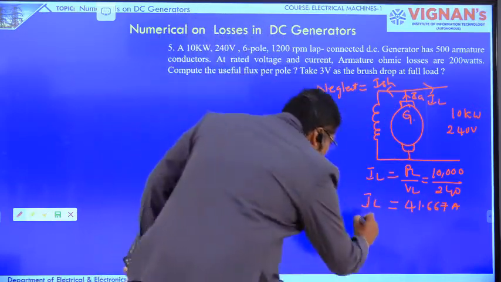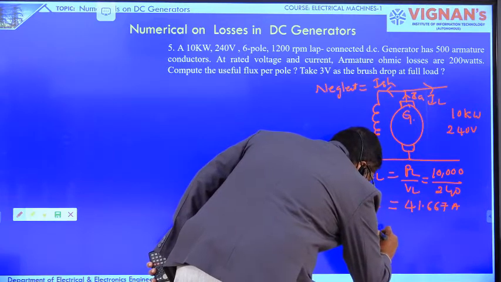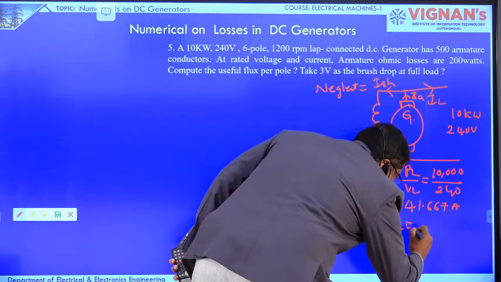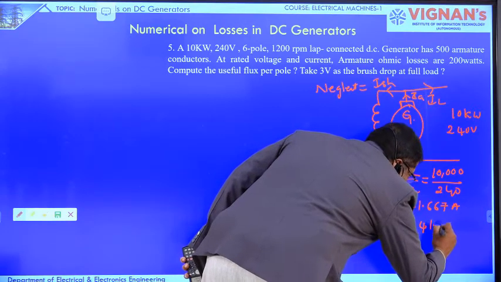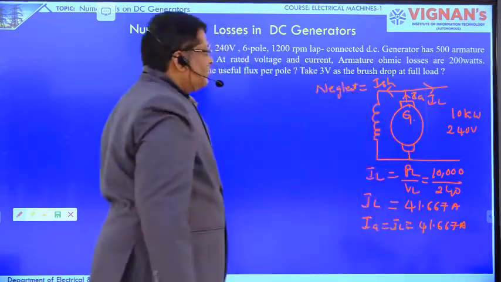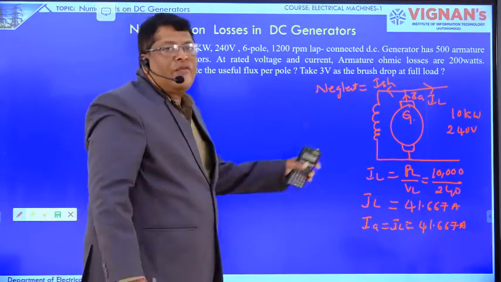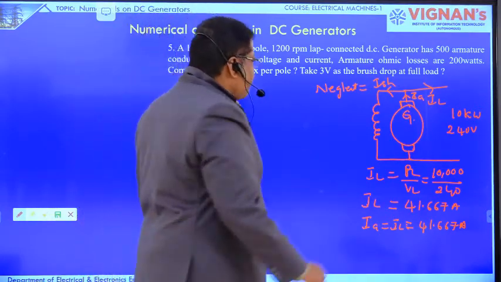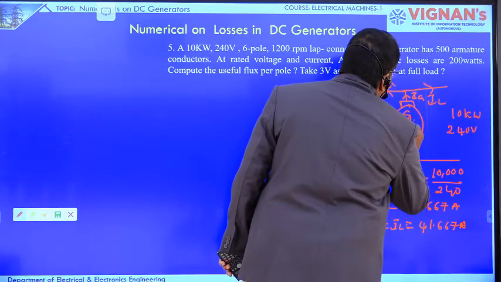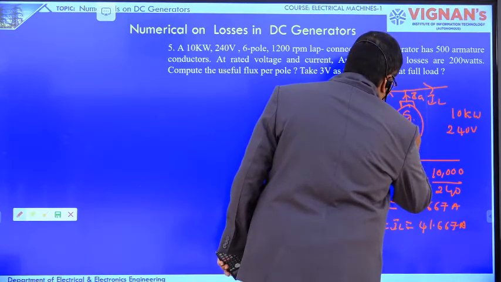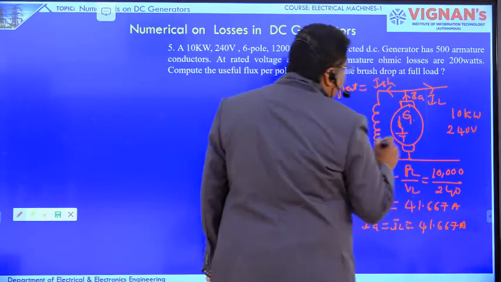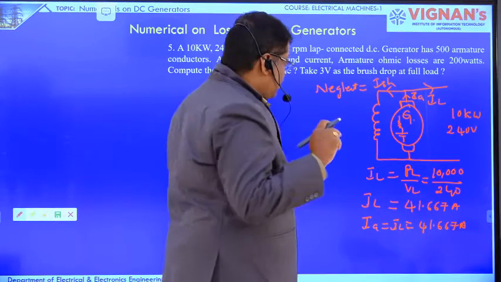So armature current equals load current, that is equal to 41.667 amperes.